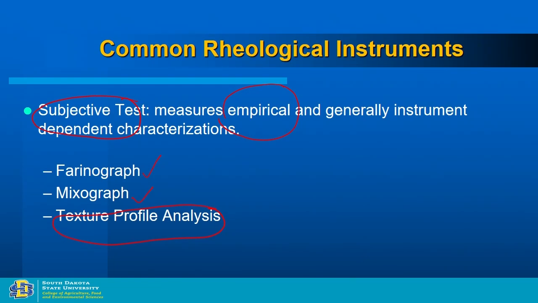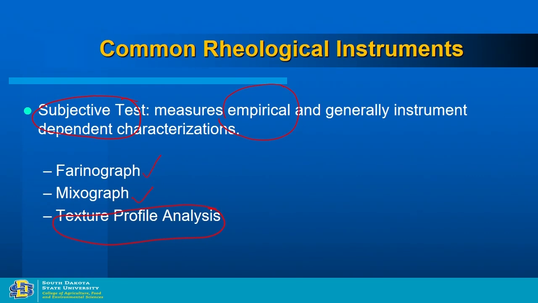Primarily it is characterized based upon force and time, or force and deformation data, even though it has a unit. But again, we discussed yesterday, force-deformation data may not always be the correct way of analyzing it. You need to convert it into stress and strain. Why we cannot convert that in the TPA, I will explain to you tomorrow when we talk about that.